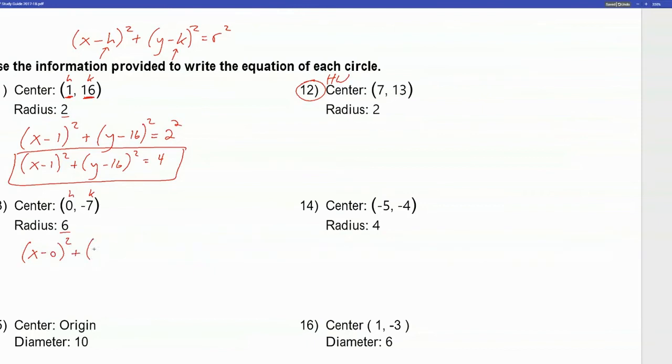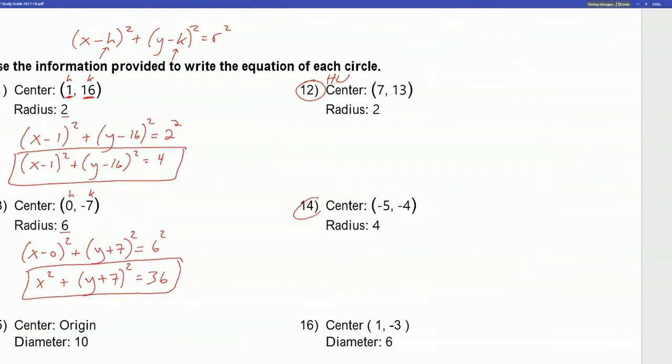Negative 7. But again, what's the opposite of negative 7? Positive 7. Okay, and we square it. Our radius is 6, and we square it. So our formula is really just x squared plus y plus 7 squared, and then equals 36, because 6 times 6. So notice how the 0, we can just leave it out.